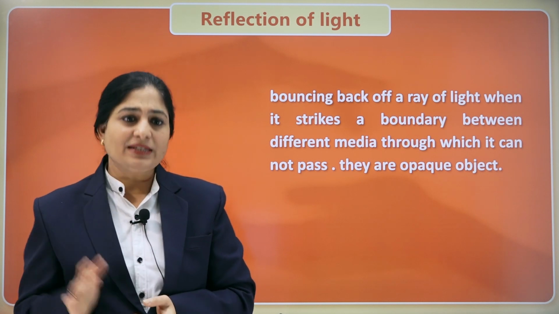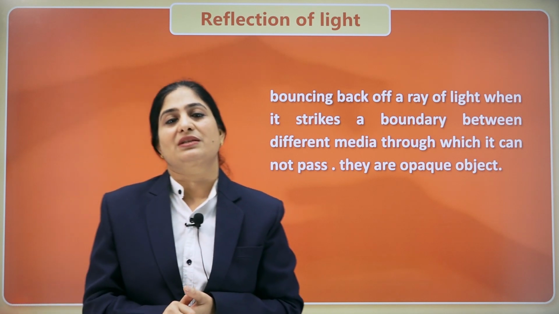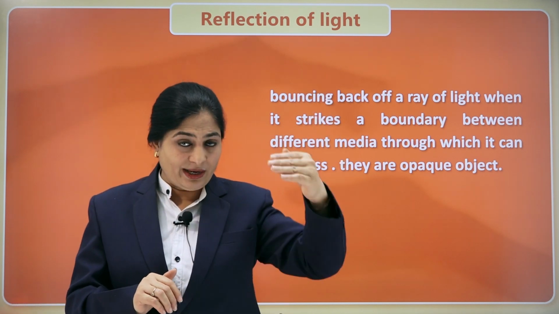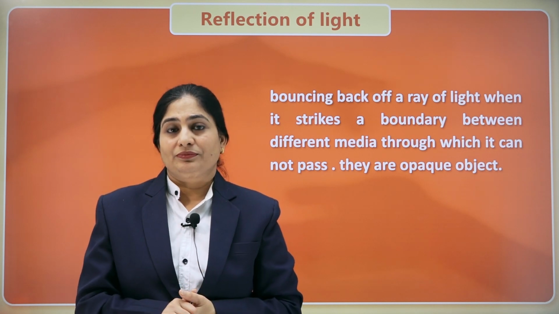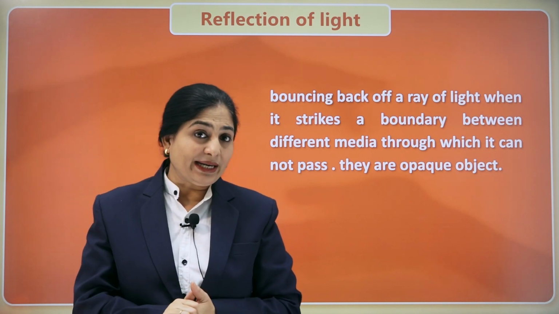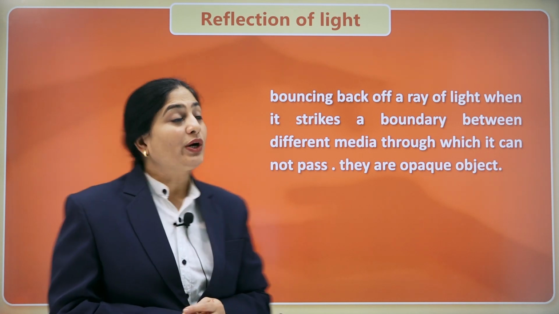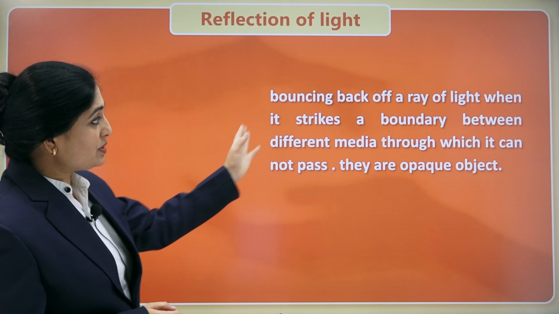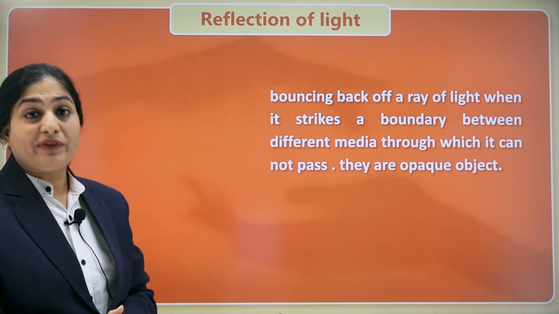So basically when it strikes a boundary between different media through which it travels, suppose light passes from air to water, we observe that there is some bending that takes place. Clear? So basically, reflection is the bouncing back of a ray of light when it strikes a boundary between different media.